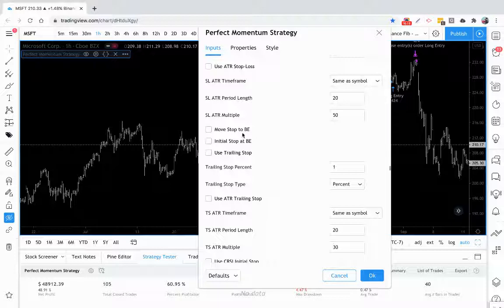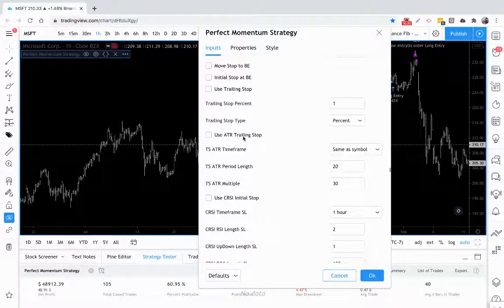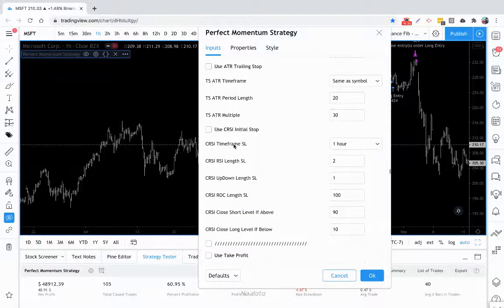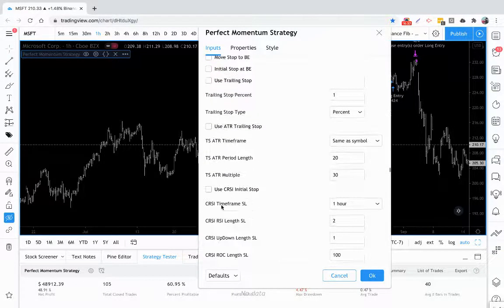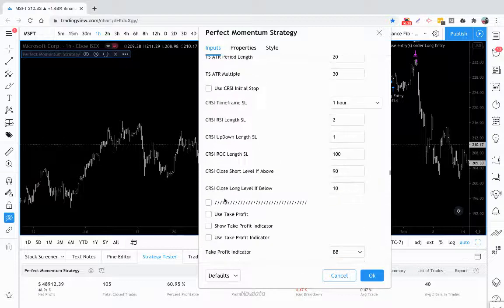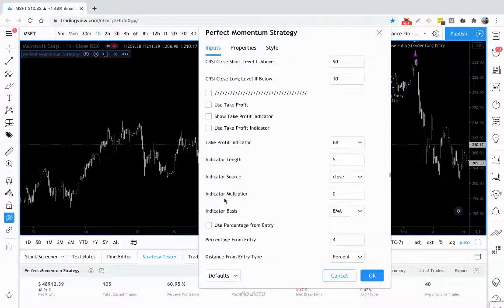You can move your stop loss to break even when you get in profit, or you can place your stop loss at break even as soon as you get into the trade. You can use a trailing stop with a fixed percent and define that by ticks or pips. You can use an average true range trailing stop, Connor's RSI stop loss. You can use all of these with each other or by themselves. And then you take profits.